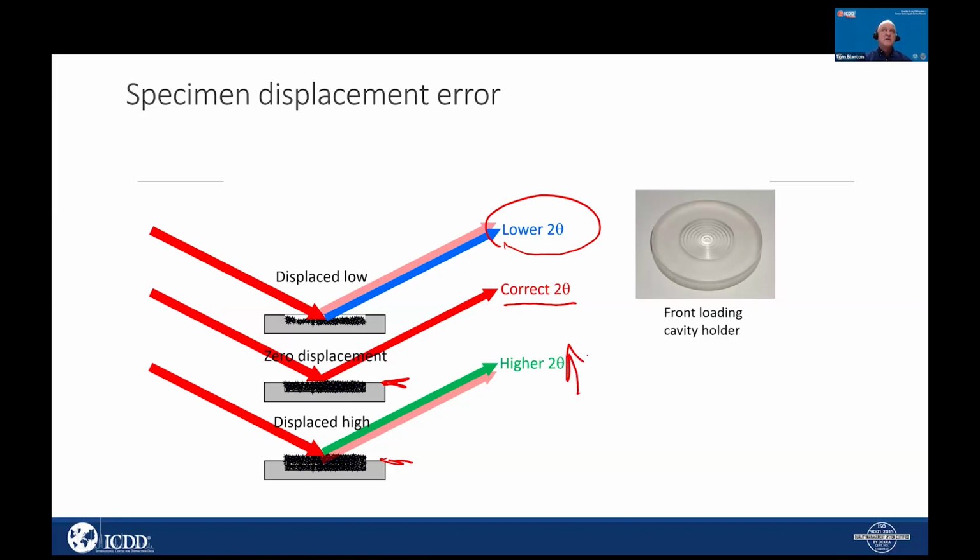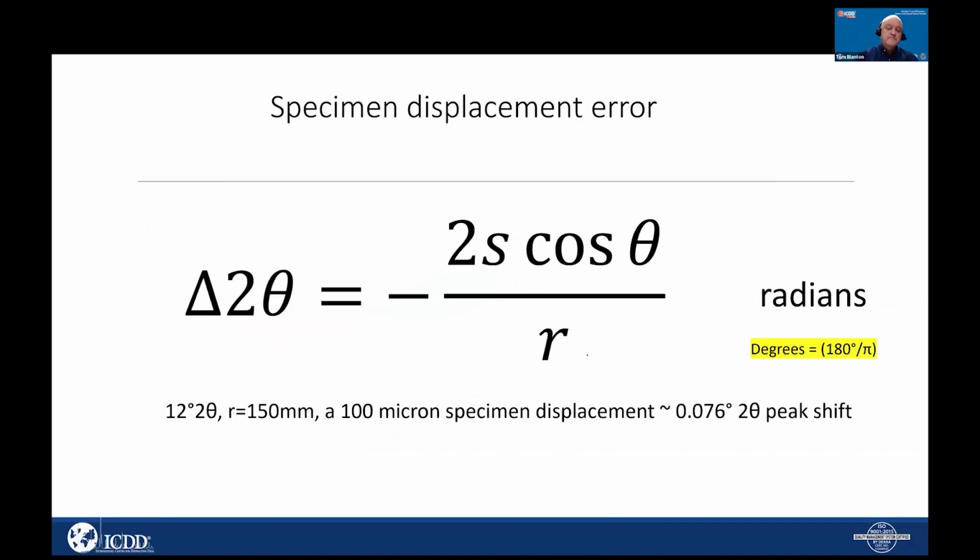Sample or specimen displacement is probably the most common error that you'll see in your powder diffraction analysis. And high displacement is more common because people will pack the holder but not check to see what its level is relative to the sample plane.